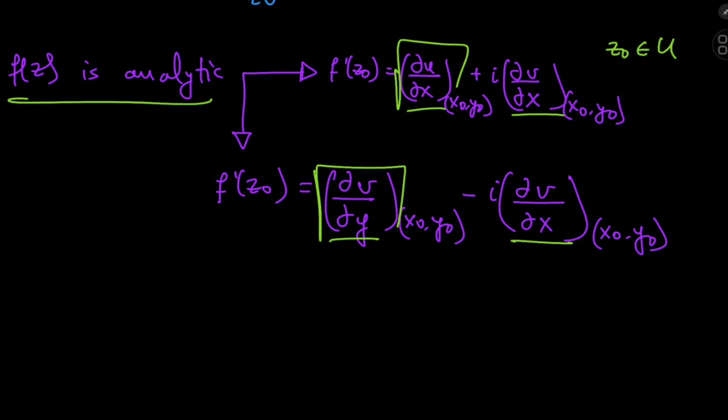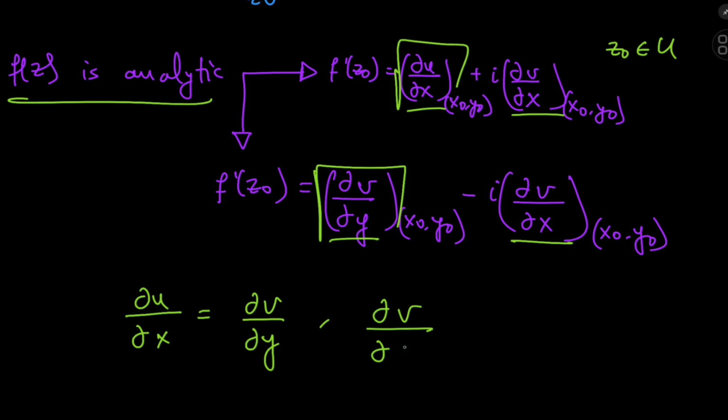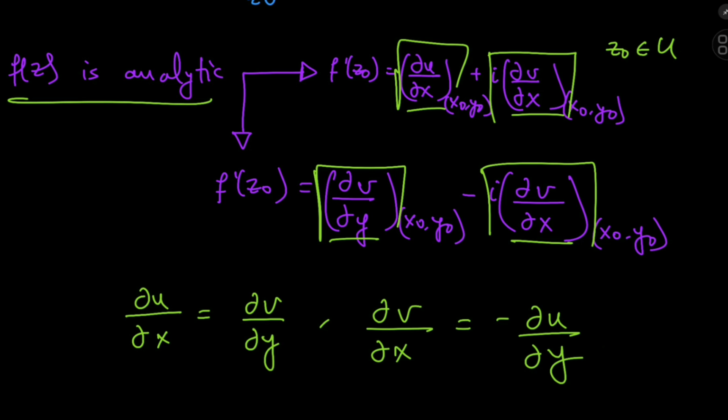So equating the real parts, we have partial u by partial x equal to partial v by partial y. And analyzing the imaginary parts, we have partial v by partial x equal to negative partial u by partial y.